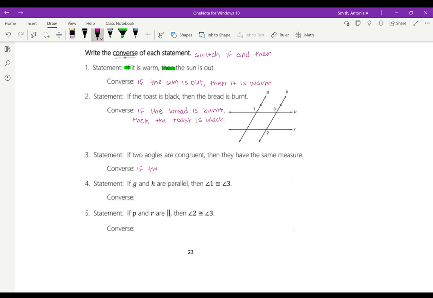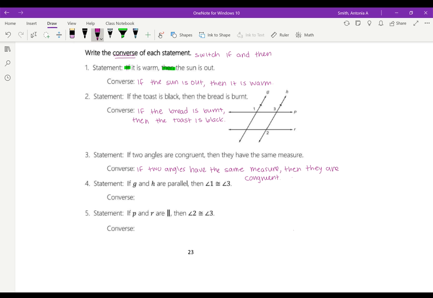If two angles have the same measure, then they are congruent. Try number 4 and 5 on your own. See what we can do.